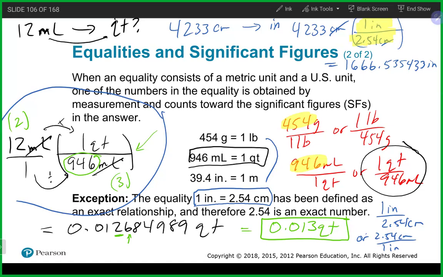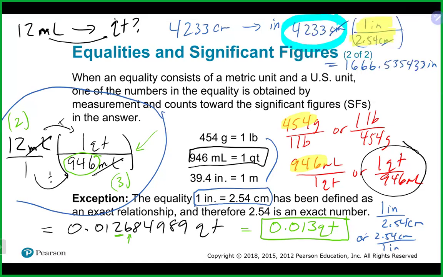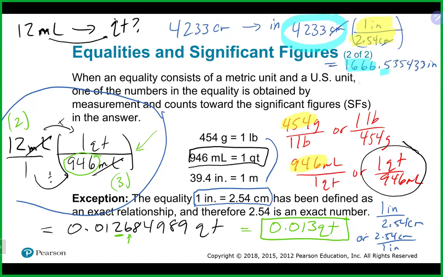In this case, it has 4 significant figures, which means we should round to 4 significant figures. And with that 5 there, it means we should round up, right? And we would end up properly here at 1667 inches.